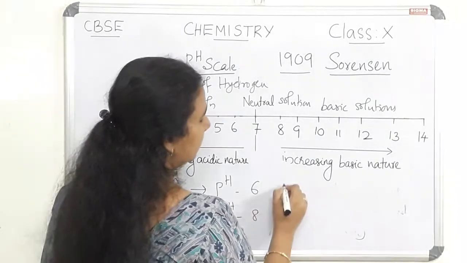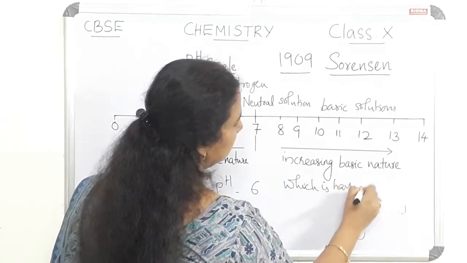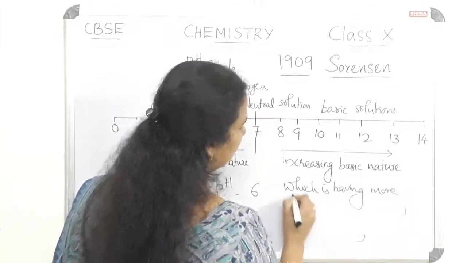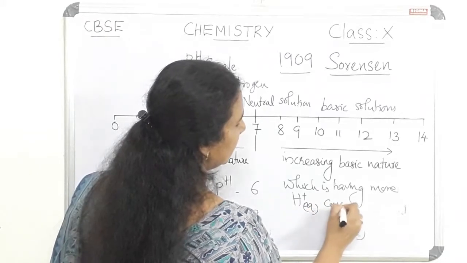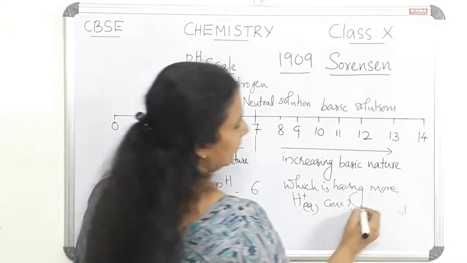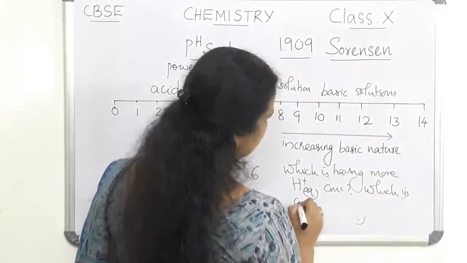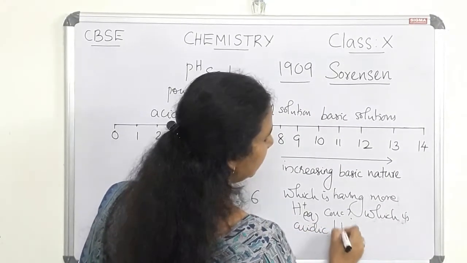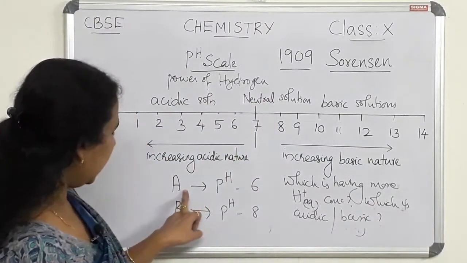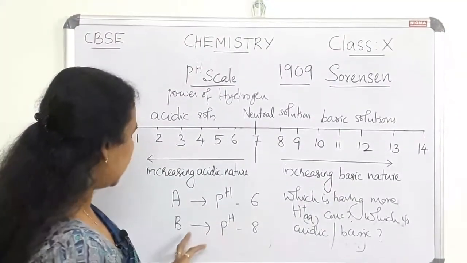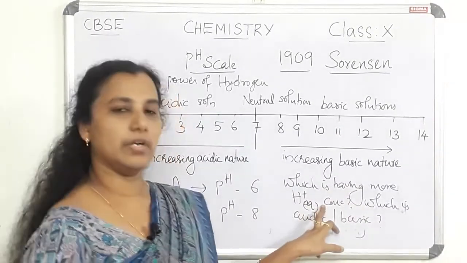Which is having more hydrogen ion concentration, and which is acidic and which is basic? So this is a question. Solution A has pH 6 and solution B has pH 8. Which has more hydrogen ion concentration?